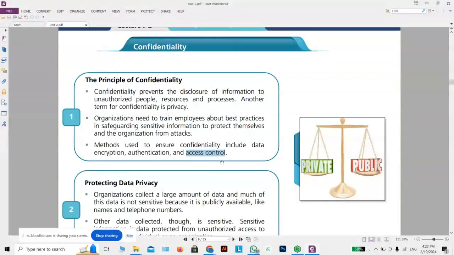Most of the time, how do we get authenticated? By using a password and a username. These are the credentials we normally use to get authenticated.